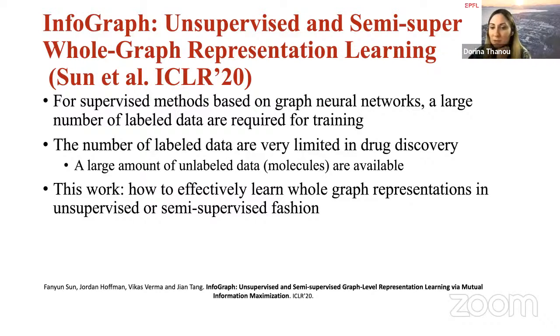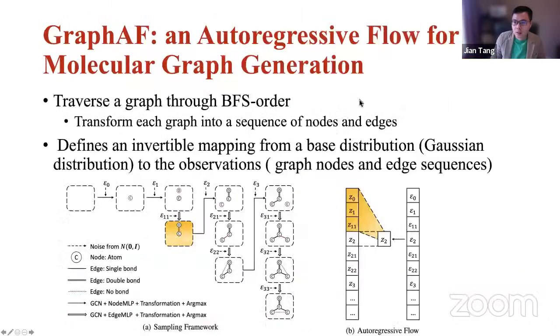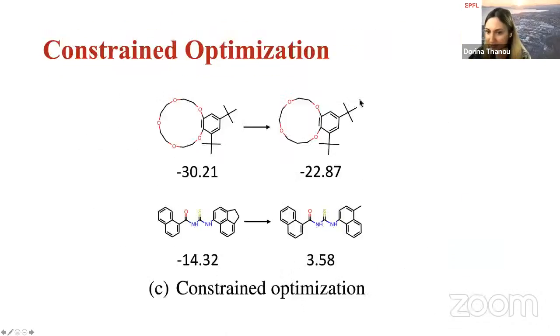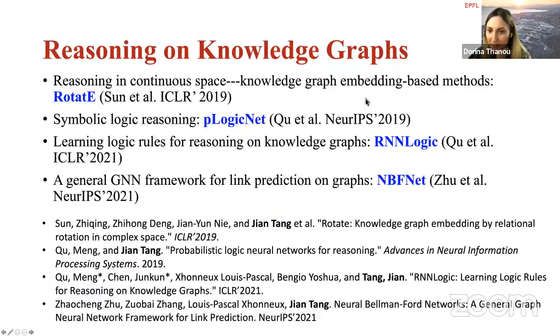And there is another question about knowledge graphs. Do you recommend any public data set that can be used to start working with knowledge graphs? Right. So for knowledge graph reasoning or link prediction, there are some standard benchmarks.